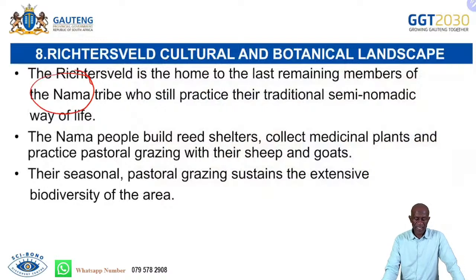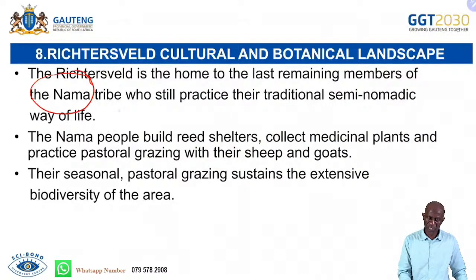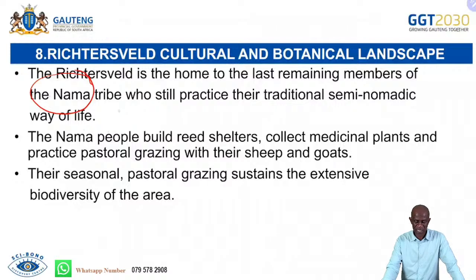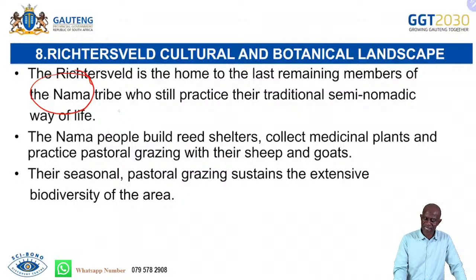So this kind of tribe is found in those two neighboring countries, and some of them are situated within this World Heritage Site in the Richtersveld Cultural and Botanical Landscape, and still practice their traditional semi-nomadic way of life.